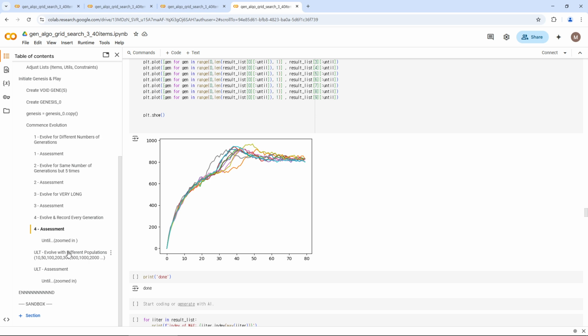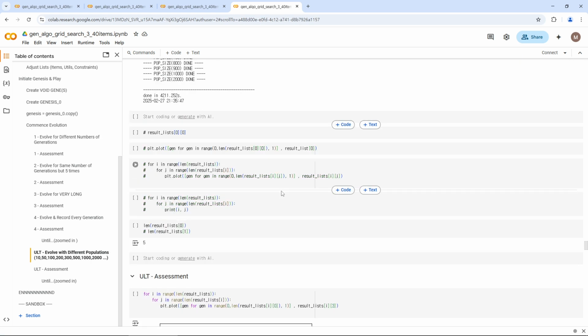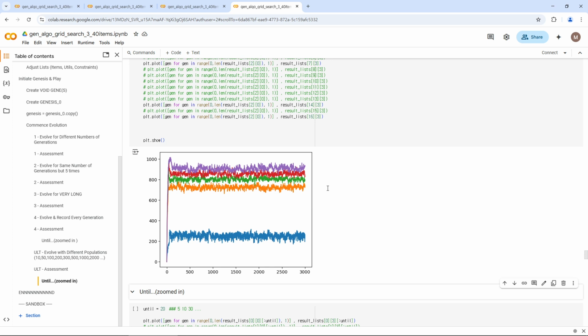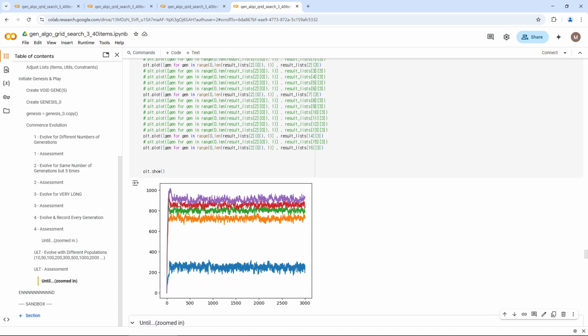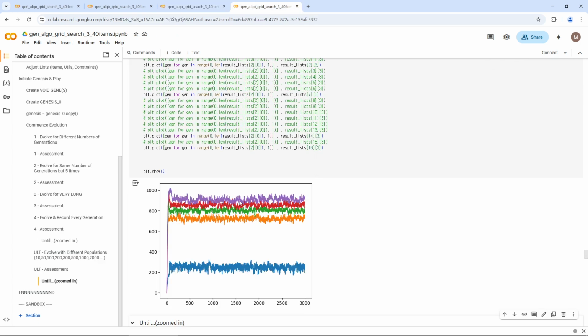Yeah, this is what happened when the population was at 2000. See, there's still some dip, 1000, and then still around 900, but kind of very oscillating. And here, this is slightly more than 900, and this is at 3000, this is at 2000.